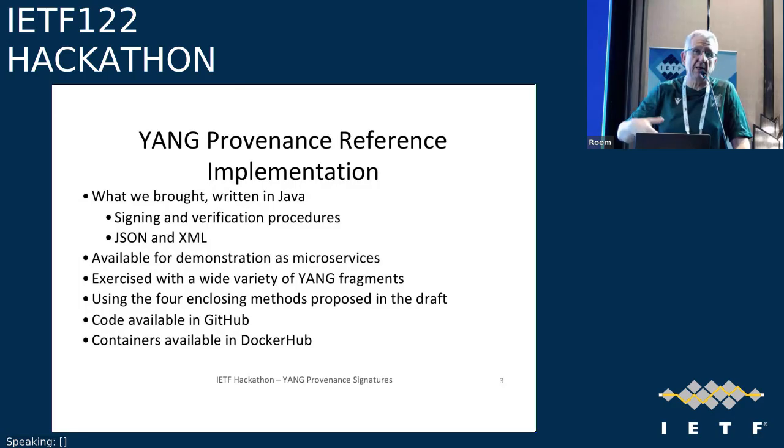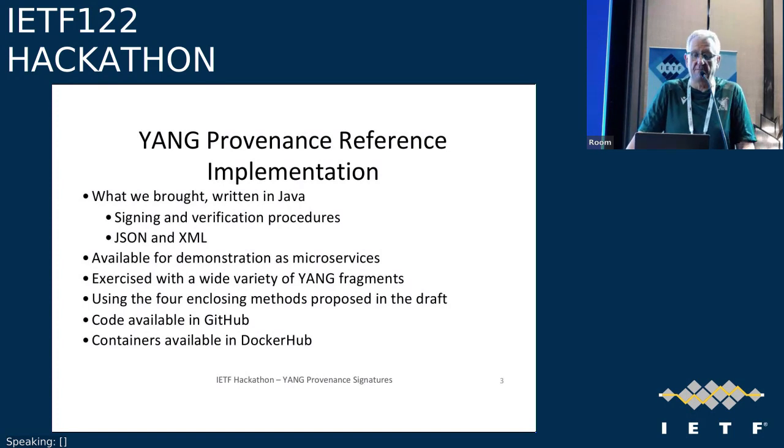What we have brought is a complete reference implementation of what is proposed in the draft that is able to sign and verify both JSON and XML serialization formats, while we are still working on the CBOR one. We have brought a set of microservices to demonstrate and see the integration with different YANG models.